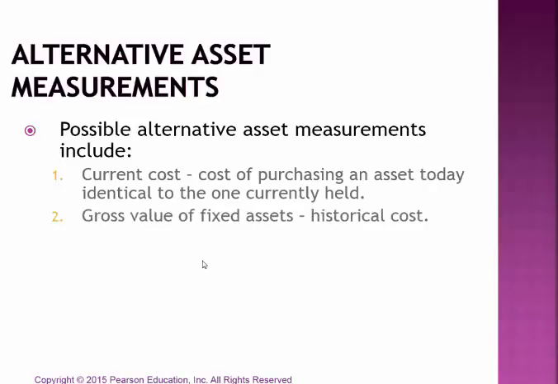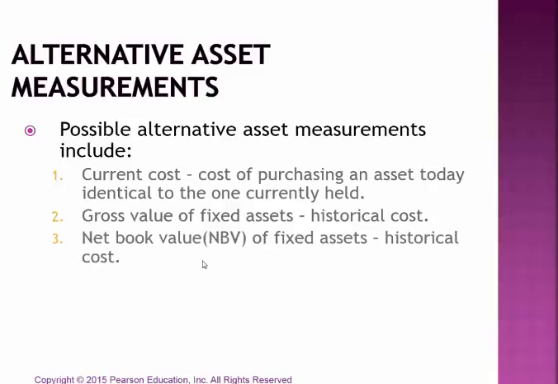What about the gross value of the fixed assets, that original purchase price, that historical cost? Or are we going to use the assets at their net book value, which is historical cost minus their accumulated depreciation to date?